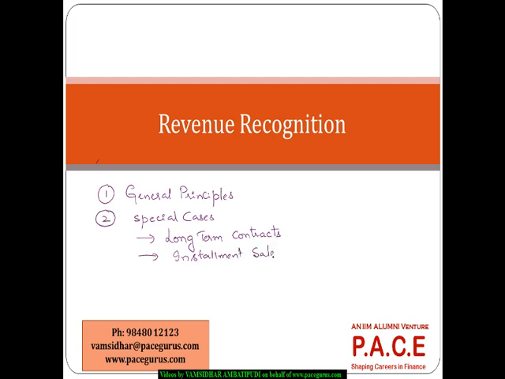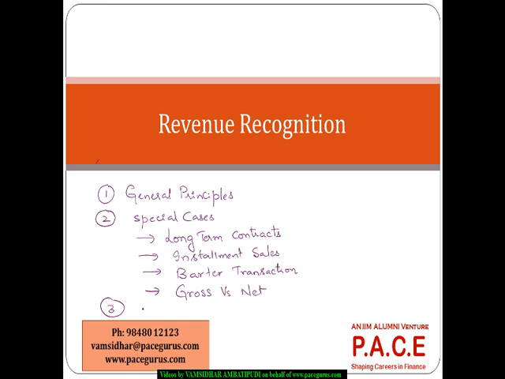What is the difference that comes into the revenue recognition mechanism? Or in case of barter transactions, how would the revenue recognition change? And how would we differentiate between a gross reporting versus a net revenue reporting? So some special cases of this kind we would consider.